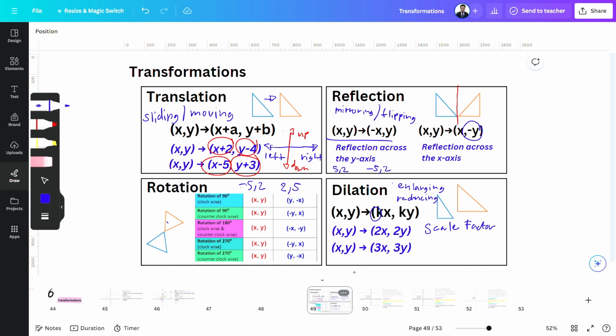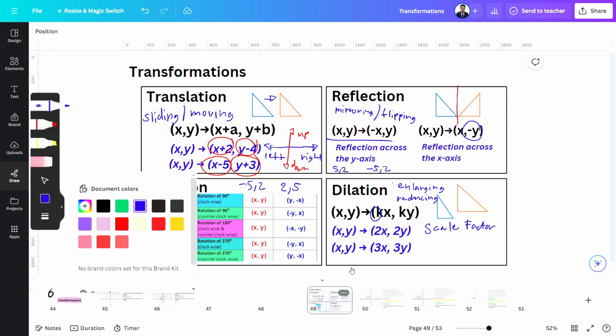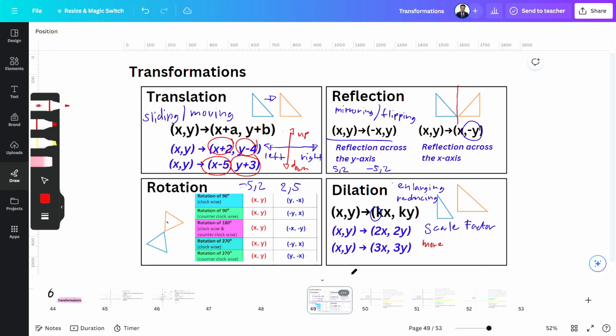So what do you mean by that? Let's say for example, our scale factor is more than 1. Again, please take note. Once our scale factor is more than 1, it means we're trying to enlarge the figure. However, let's say our scale factor is less than 1 but greater than 0.